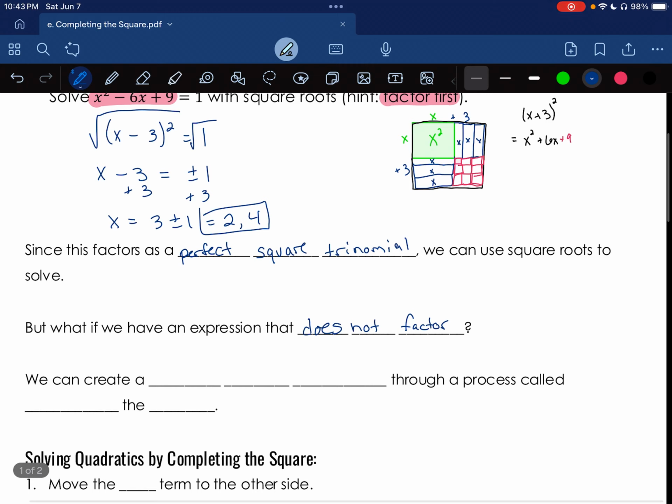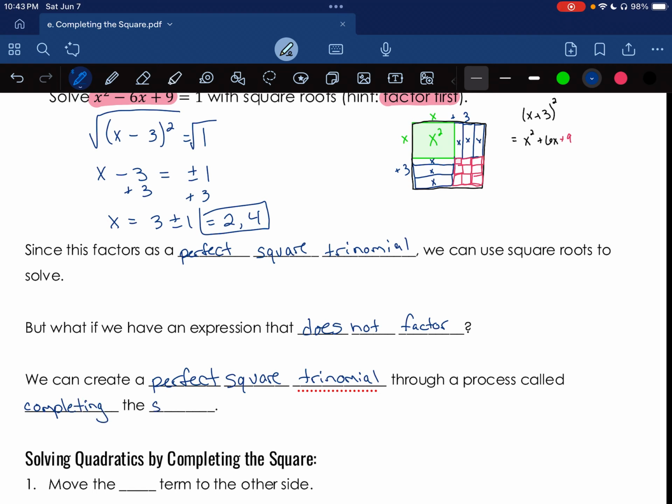We are going to create a perfect square trinomial through this process called completing the square.